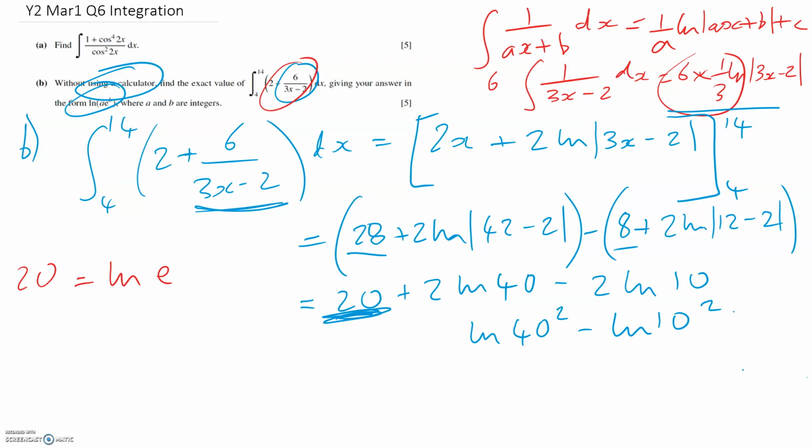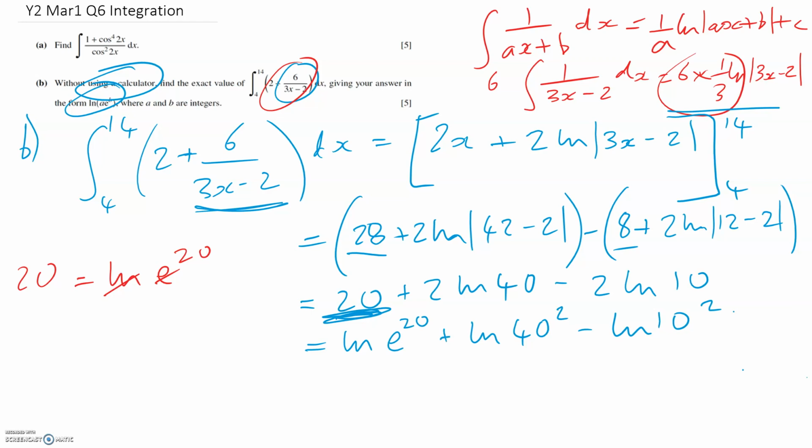Well, if you write 20 as ln e to the 20, then these would cancel, and you could see that the two sides would be equal here. So what we need to do is write 20 as ln e to the power of 20.